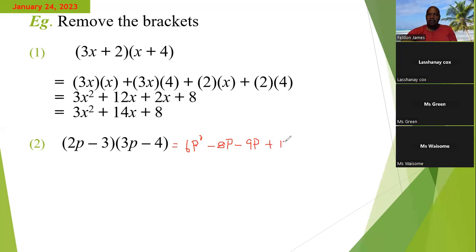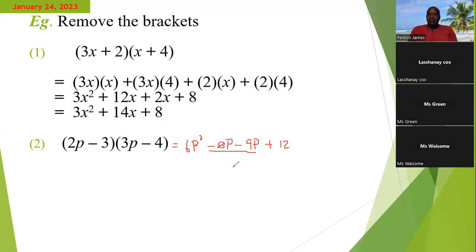And then we would have negative 8p take away negative 6p, which would have given us 2p.